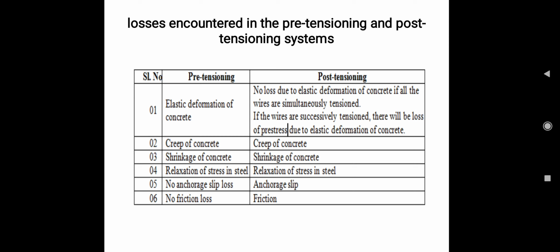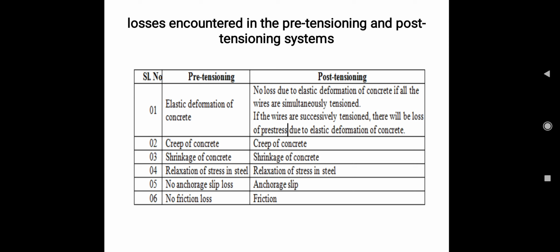Creep of concrete: in a pre-tensioning member, there is a loss of prestress due to creep of concrete. Similarly, there is loss of prestress in a post-tensioning member also due to creep of concrete. In a pre-tensioning member, the loss also occurs due to shrinkage of concrete. Also, the loss occurs in a post-tensioning member due to shrinkage of concrete.